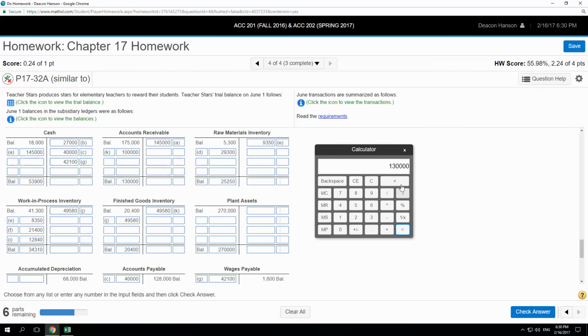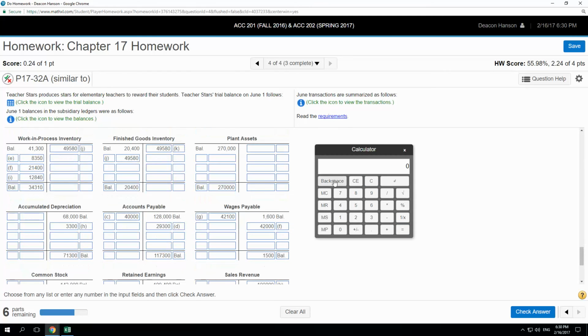Accounts receivable looks okay. Raw materials inventory looks okay.